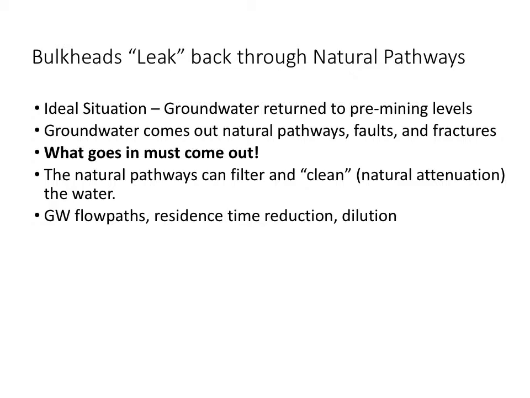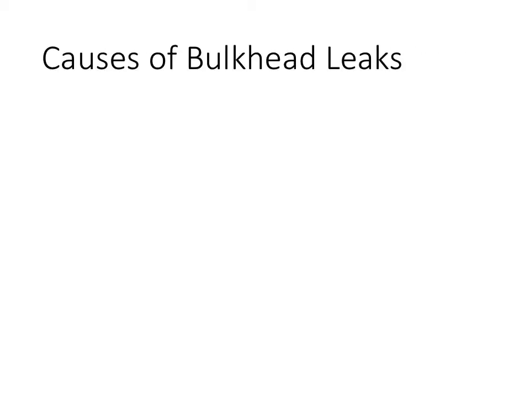And if it exits through natural pathways, there's different processes with less oxygenated environments and other things, changes in the flow paths of the groundwater, so mixing of different groundwater sources may reduce the metals load in a particular discharge point that was coming out of a mine portal and then comes out naturally in seeps and springs. And I can go into that later, but residence time reductions, dilutions from different flow paths are some of the things I've been thinking about in terms of how the water would actually be better than if it just came out of the mine. Next.